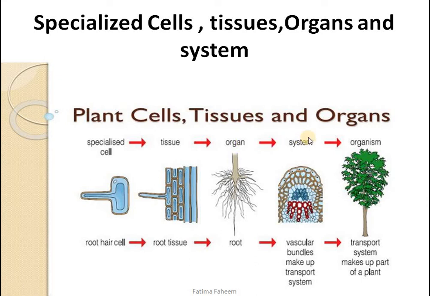Organs combine to form a system, which is going to be discussed in later chapters. These vascular bundles make up the transport system in plants, xylem and phloem together. Again, don't get confused with the names if you don't know them from your previous knowledge. I will explain all of them in our later chapters. For now, just remember examples of cells, tissues, organs, systems and organisms.